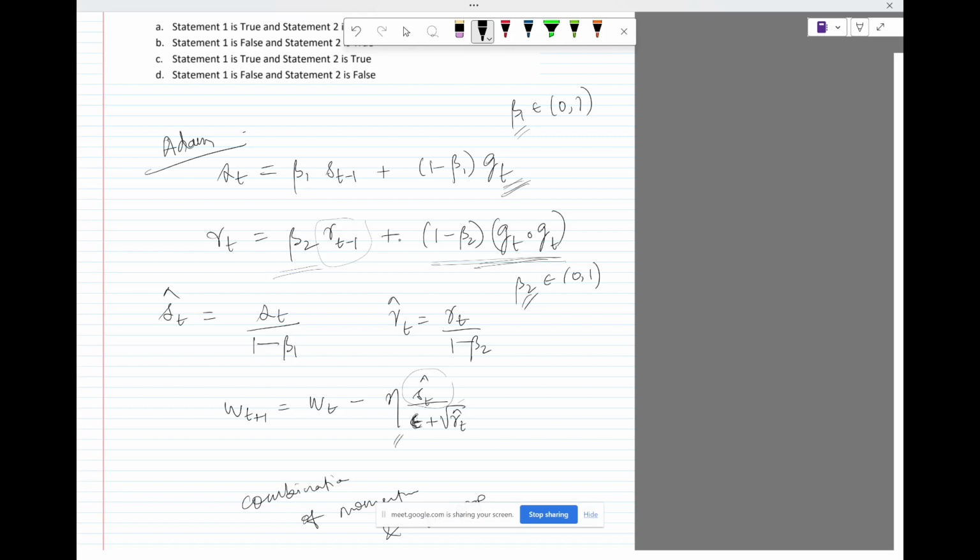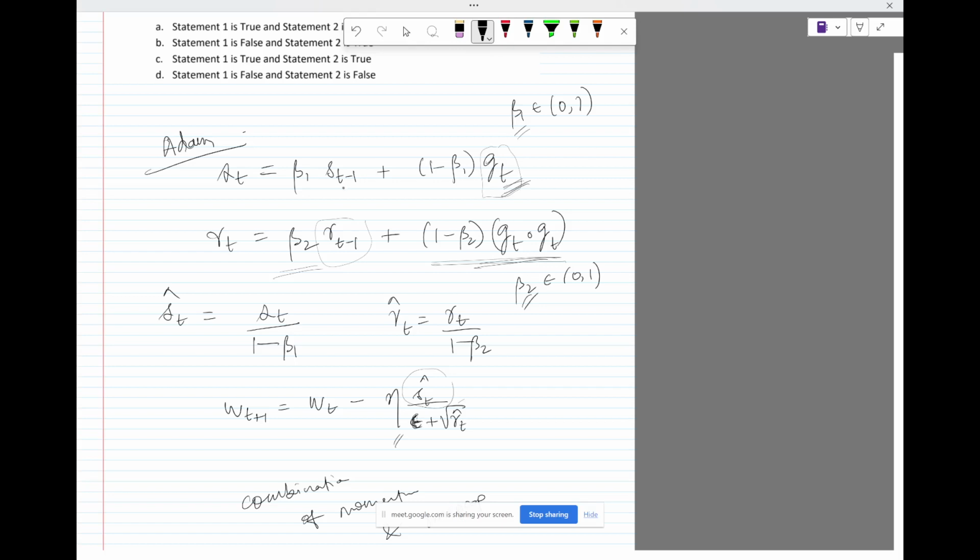So we can do 0.5, 0.5 or 0.1, 0.9, something like that. Beta 2 plus 1 minus beta 2 is 1. So you're taking some fraction from the previous updates and some from the current. And the same thing you're doing with the gradient also.